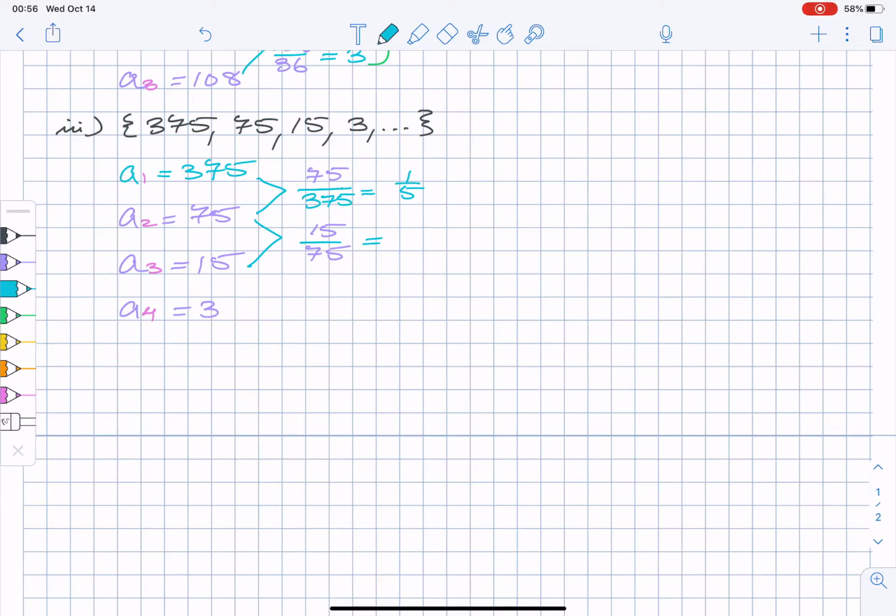If I divide by 3, I have 5 over 25, and 5 over 25 reduces to 1/5. Yes, it works. This one should be our easiest one to calculate: 3 into 15 is indeed 1 over 5. So we do have the correct ratio, and our common ratio in this case is 1/5.